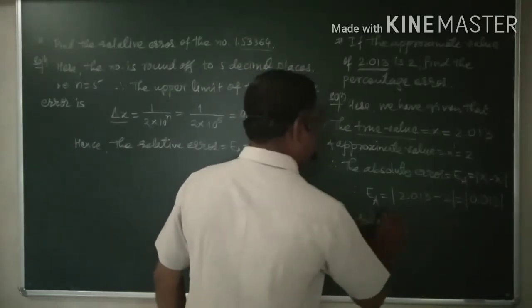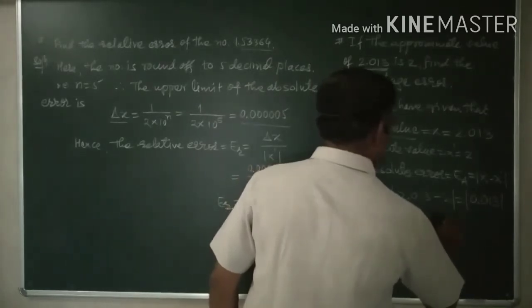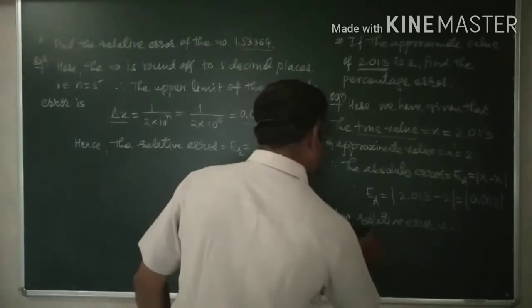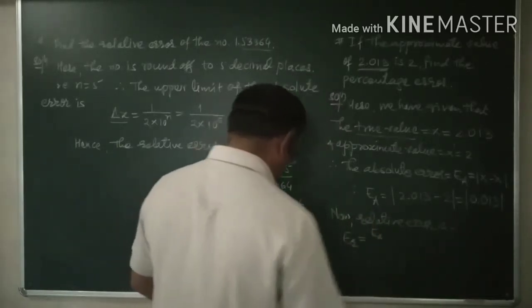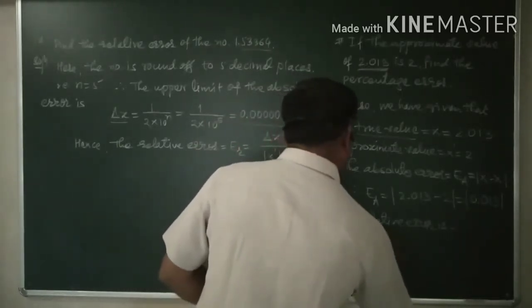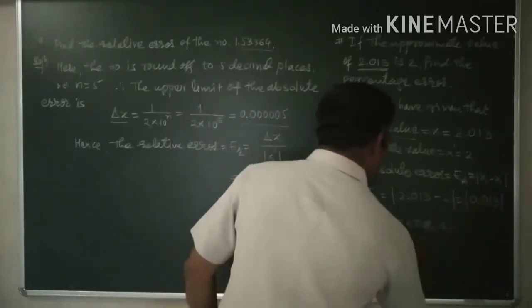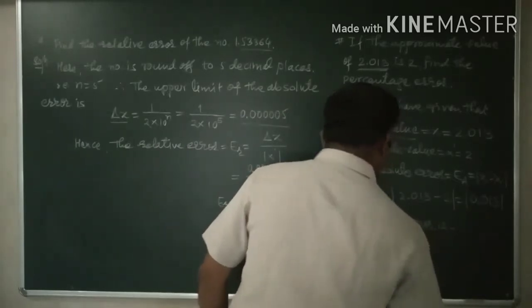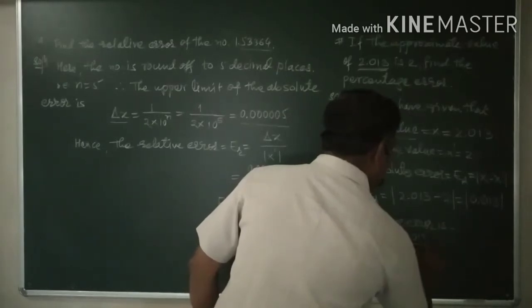Now the relative error ER is equal to EA upon x, where EA is 0.013 divided by x, and x is 2.013.